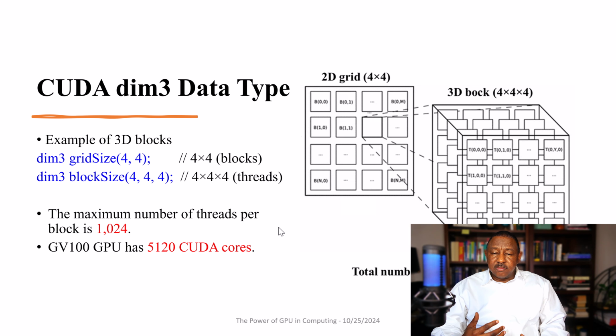If you are dealing with 2 dimension like linear algebra, then we use 2 dimension. If we are dealing with image processing, which requires the data structure to be in 3D, then we will use 3D. So the structure of data dictates the organization of threads in 1 dimension, 2 dimension, or 3 dimension.